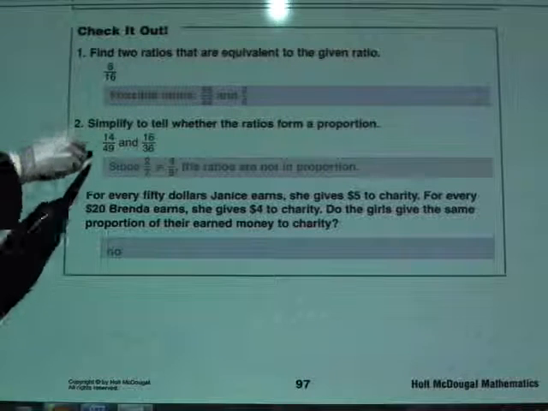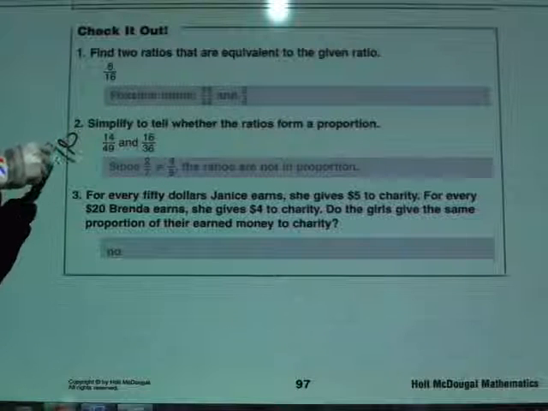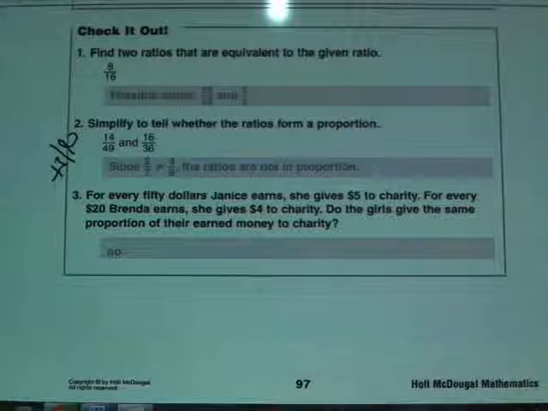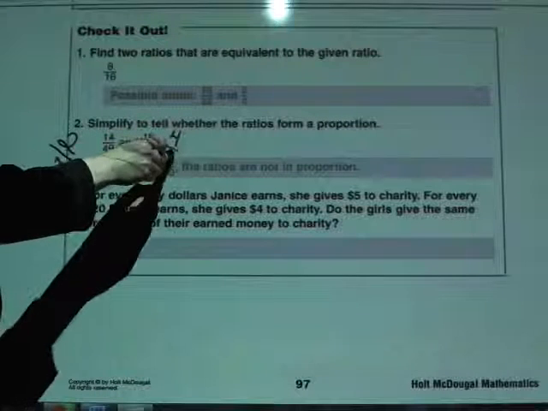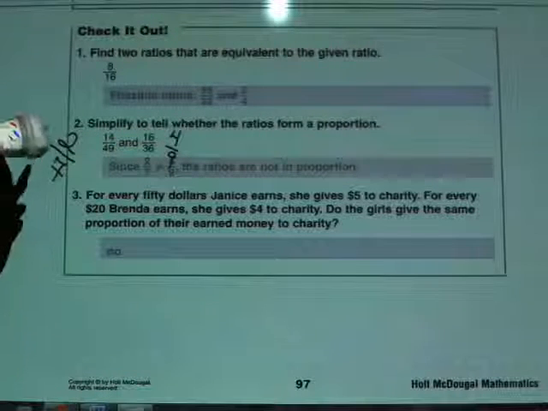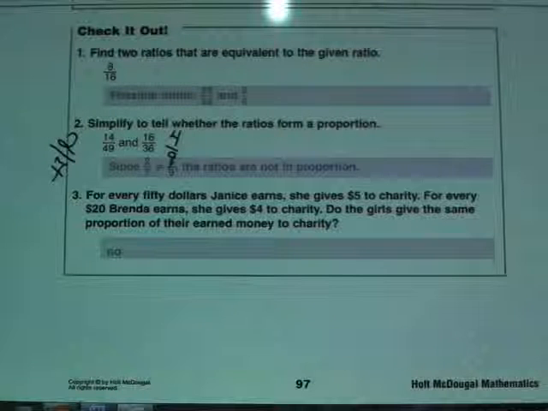When we chop 7 out of each of those, that's where I get 2 7ths from. With 16/36, the greatest common factor of 16 and 36 is 4. So I can chop 4 out of both of those, and that's how I get 4 9ths. And so the question is, is 2 7ths the same as 4 9ths? Well, no. 2 7ths is not the same as 4 9ths, which means the ratios are not in proportion.